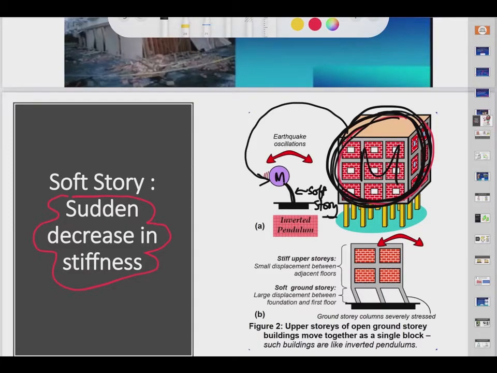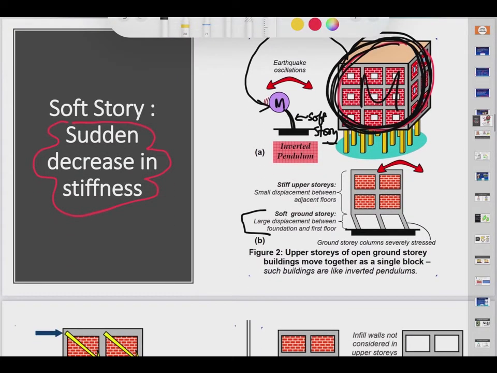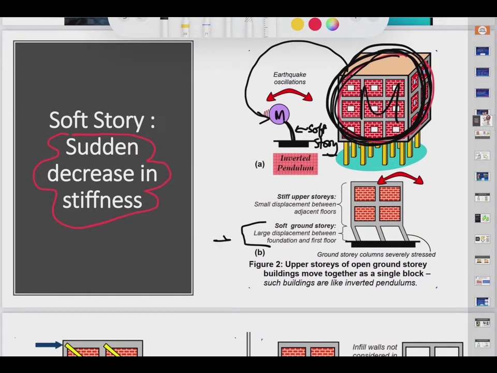So a soft story makes a building like an inverted pendulum, and during earthquake oscillation the soft ground story undergoes larger displacement between the foundation and the first floor, whereas in the stiff upper stories there is a smaller displacement between adjacent floors. Due to this, the softer story gets severely affected compared to the upper stories above the open ground story. So this condition of inverted pendulum has to be avoided.